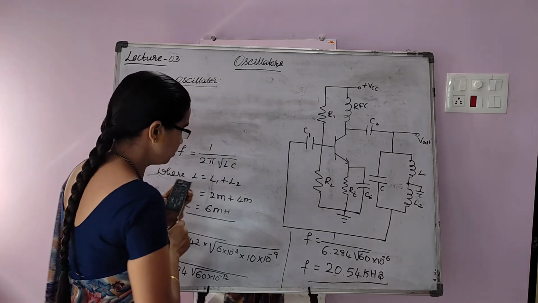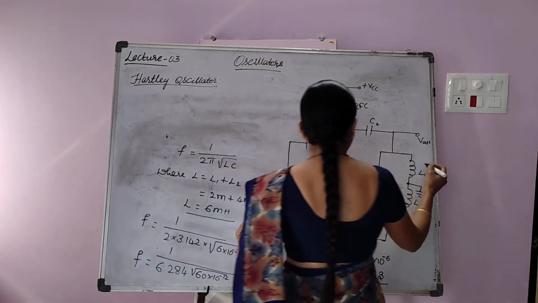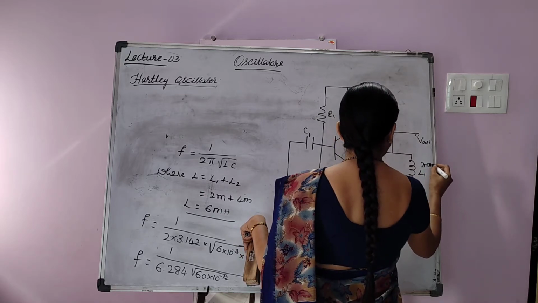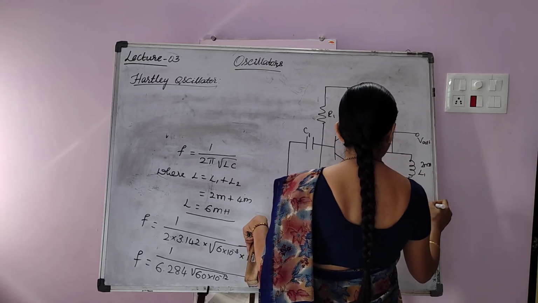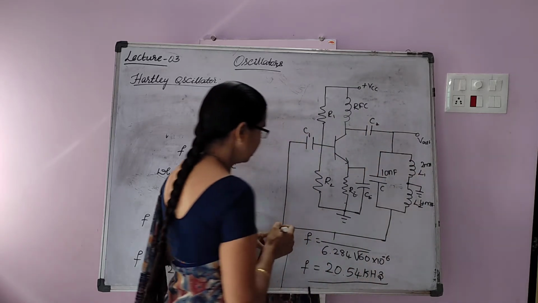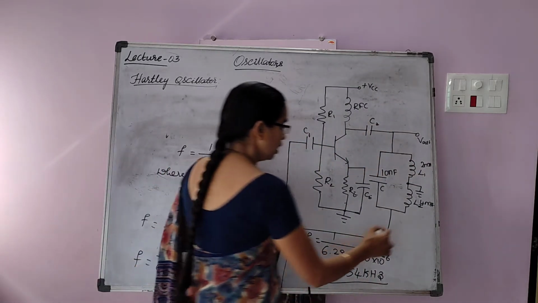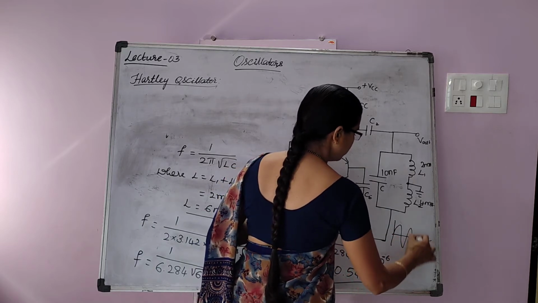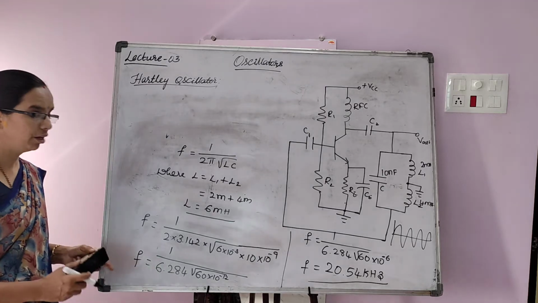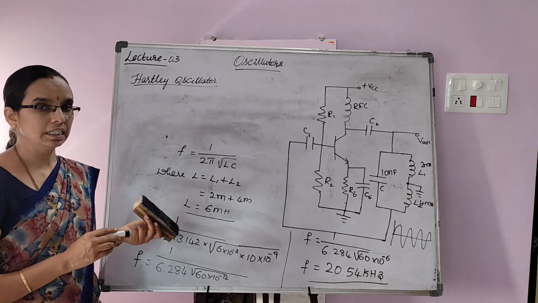So here if we substitute L1 equal to 2 millihenry, L2 equal to 4 millihenry and C is 10 nanofarad, you will get output oscillations of a frequency 20.54 kilohertz signal.